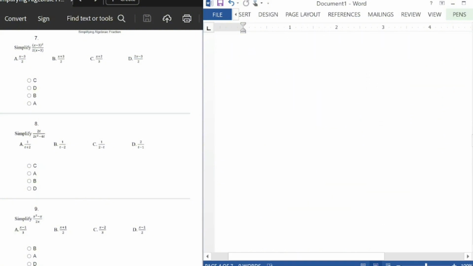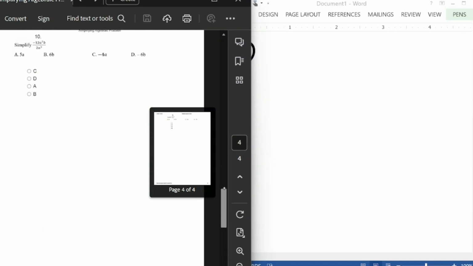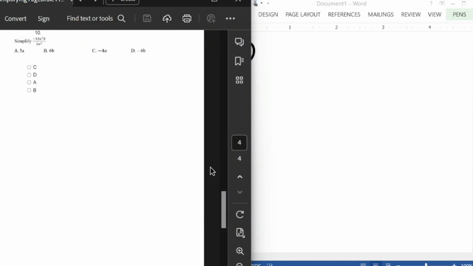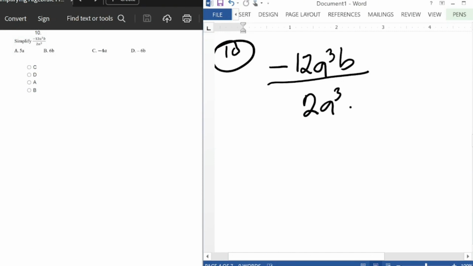For question number 10, we have minus 12a cube b divided by 2a cube.